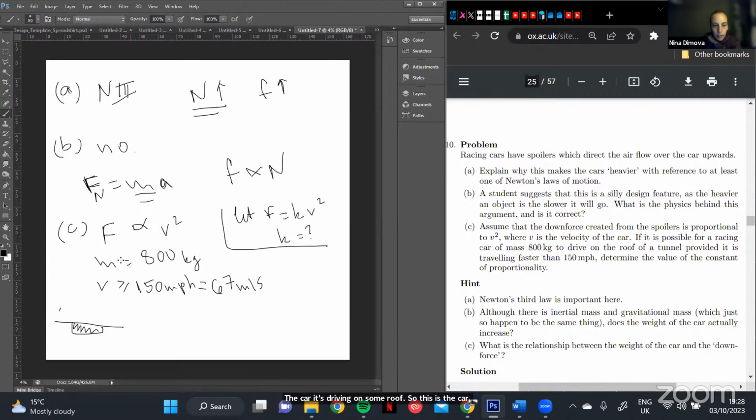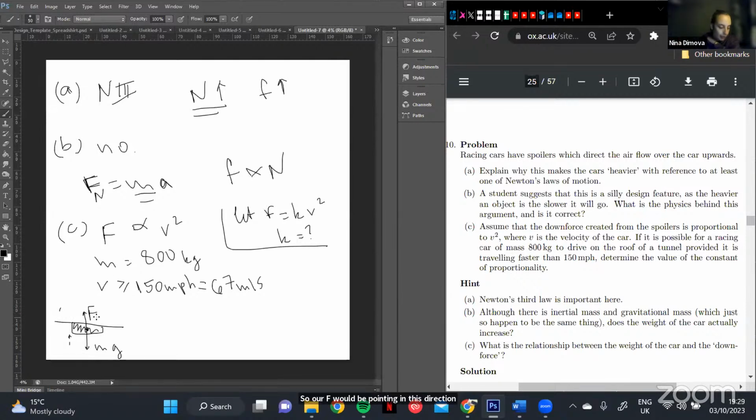You're looking for an expression for this F, in order to determine K. So the forces acting on the car would be the gravitational force. And the air is pushing downwards on the car, but in this direction because the car is driving on the roof. So it's flipped. So our F would be pointing in this direction.